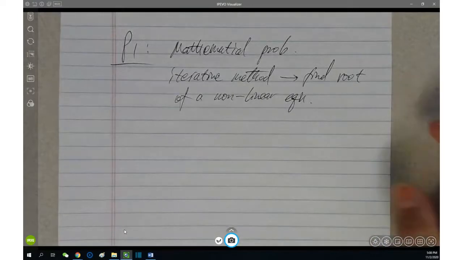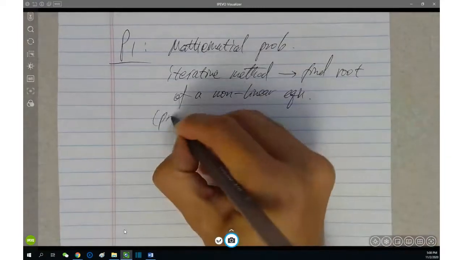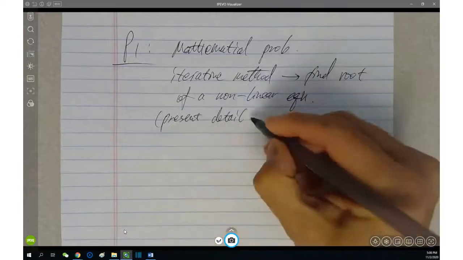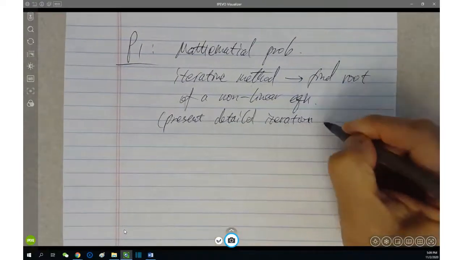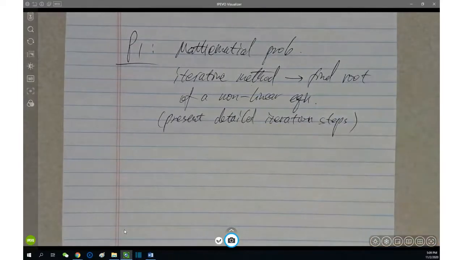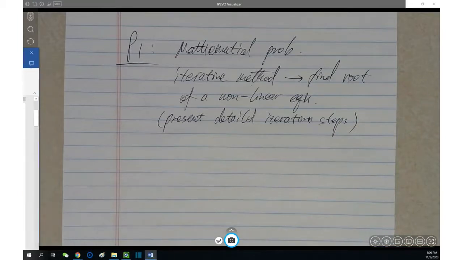I understand maybe your calculator is able to find the roots directly, but please present detailed steps, okay? Detailed iteration steps. Those are worth a lot of points.